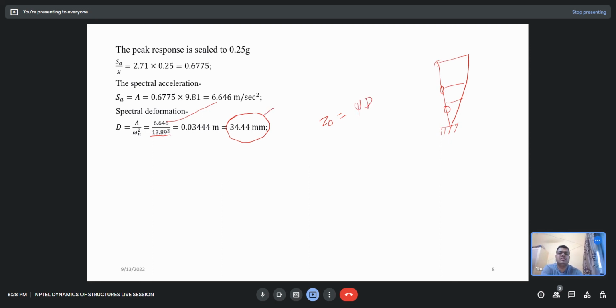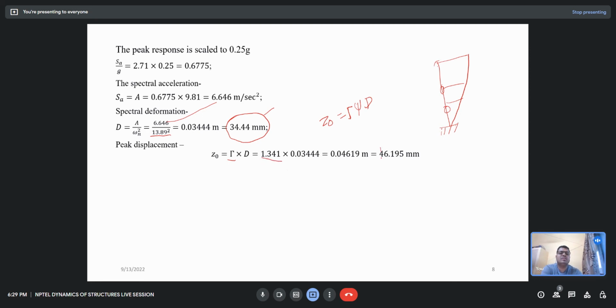This is my dynamic displacement. Multiplying with the shape function, we can calculate it at the different locations. The peak displacement comes out to be this, and we also multiply with the load factor we calculated, which modifies the equation. That is the 1.341 which we have calculated.